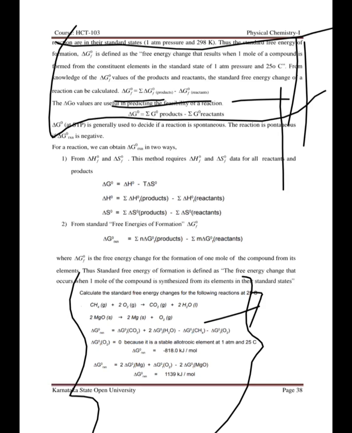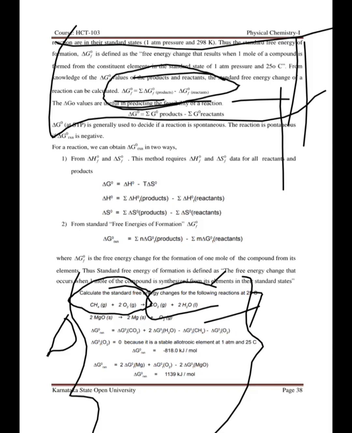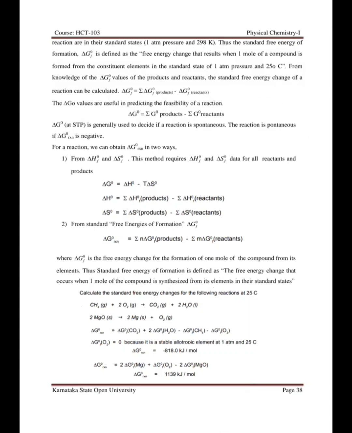So how are you going to calculate delta G naught of the reaction? Methane plus oxygen is taken as the reactant, and formation of carbon dioxide and water is taken as the product. In general, it is product minus reactant, and you will get the free energy of that system. So those are the examples given.